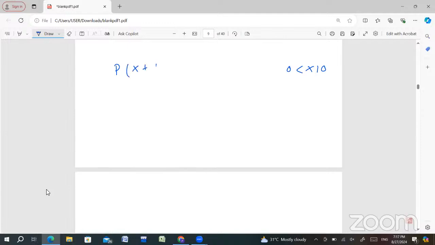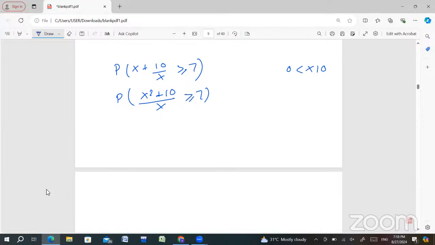We have to find this probability. First we will solve the equation. It will be x square plus 10 divided by x greater than or equal to 7.